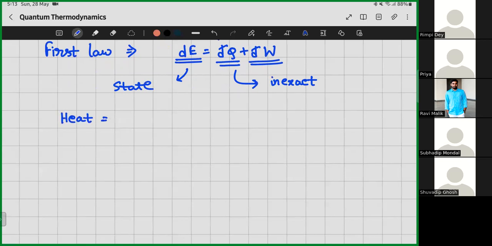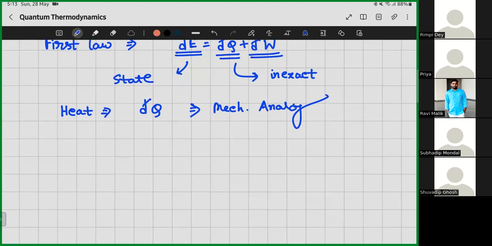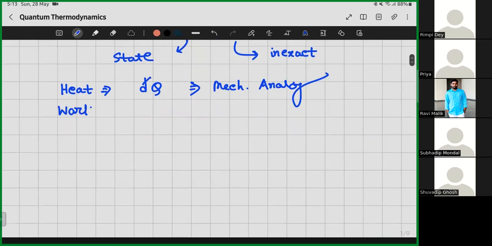The heat is đQ. This heat is also a path function and inexact differential, but heat does not have any mechanical analog. There is no mechanical analog of heat. But in the case of work, we can think of a mechanical analog, just like PdV.